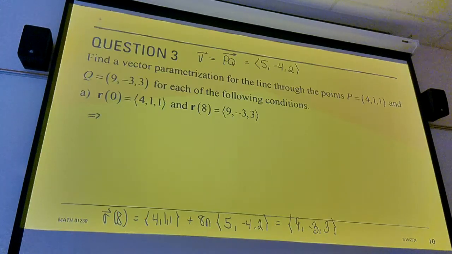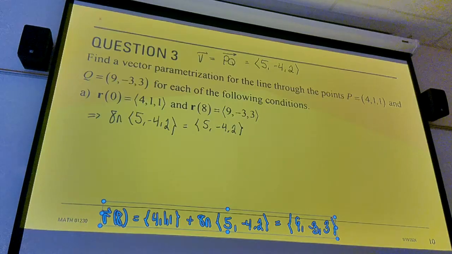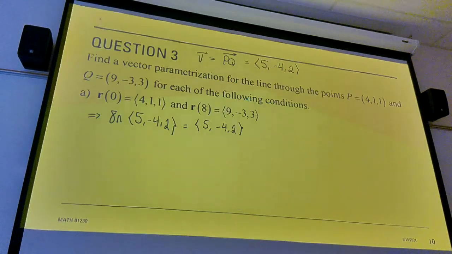Subtract from both sides the vector 4, 1, 1. Eight n times 5, negative 4, 2 has to equal what? Negative... n has to be equal to what?